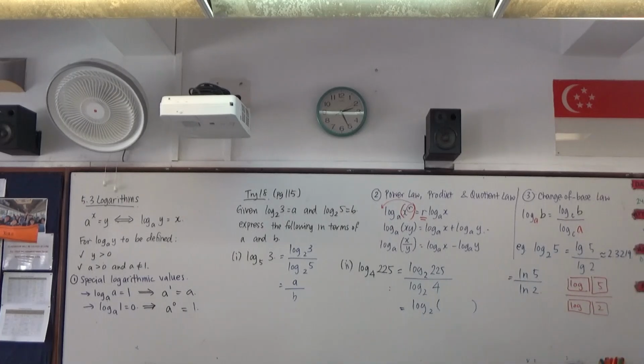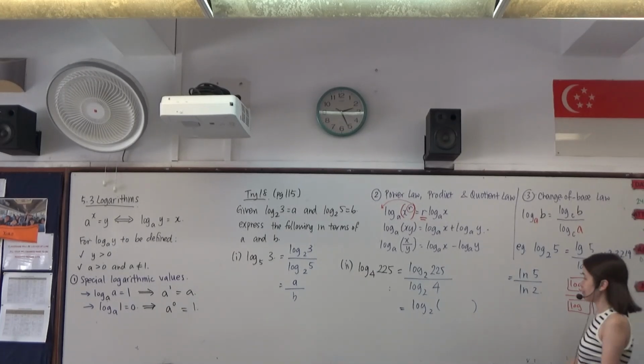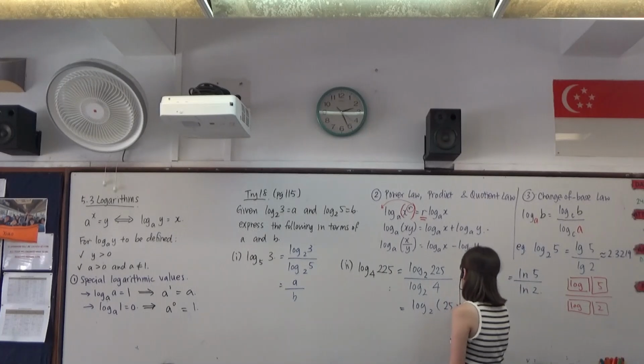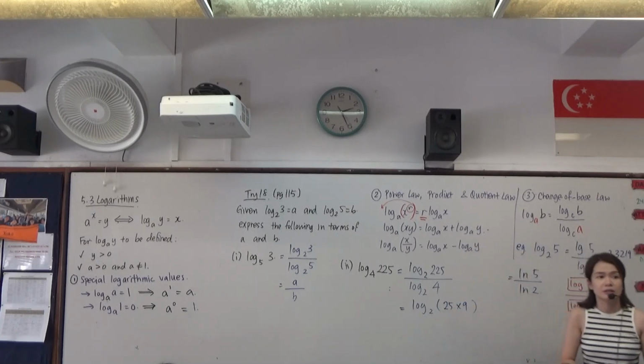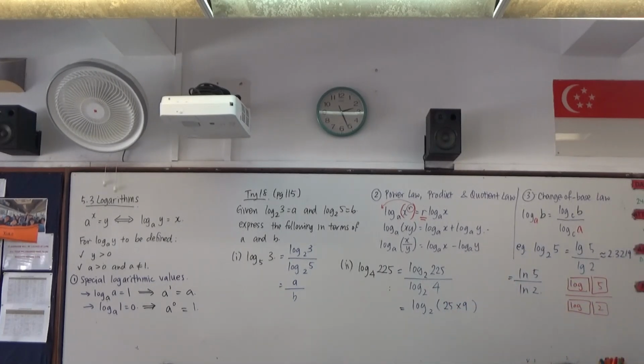225 is equal to what? Can you use your calculator? 225 is 25 times 9.